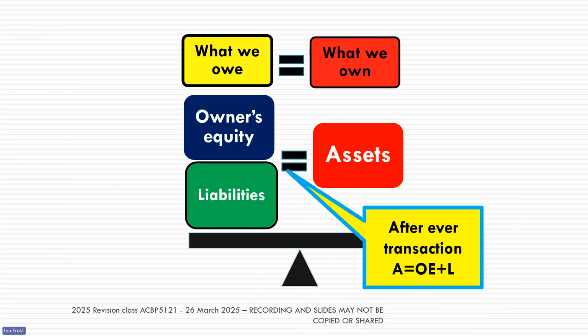And this is what Saloma was also reminding us of earlier: after every transaction, you must double check that your assets are equal to your owner's equity plus liabilities. In other words, what the business owes to third parties, like the bank and the owner, must equal what the business owns in terms of its assets.